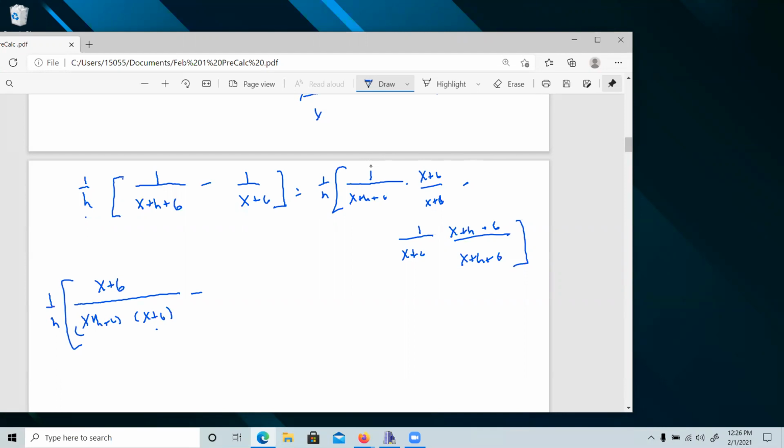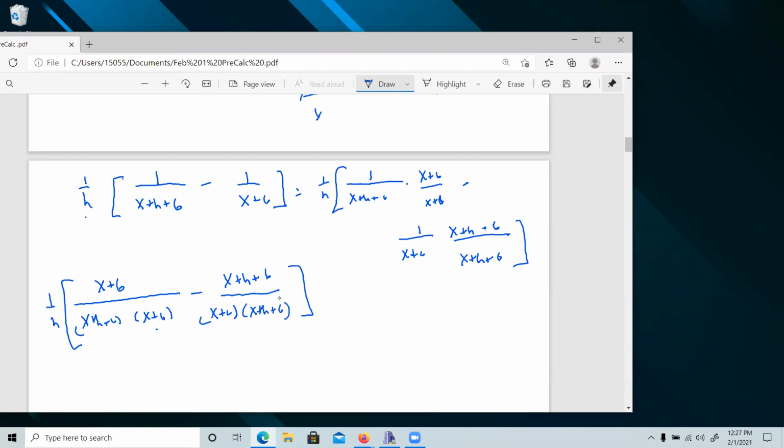Almost never do you multiply out the bottom of a fraction. And on the top, we took care of this one, now we're taking care of this one: x plus h plus 6, divided by, again, this horrible mess.